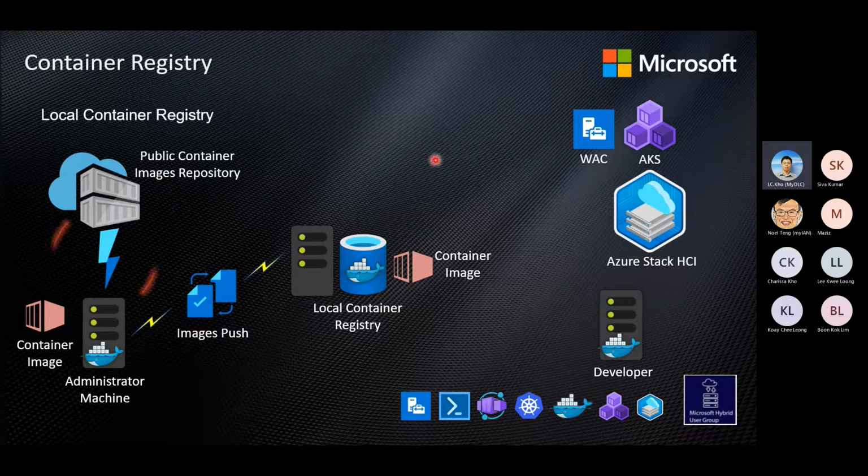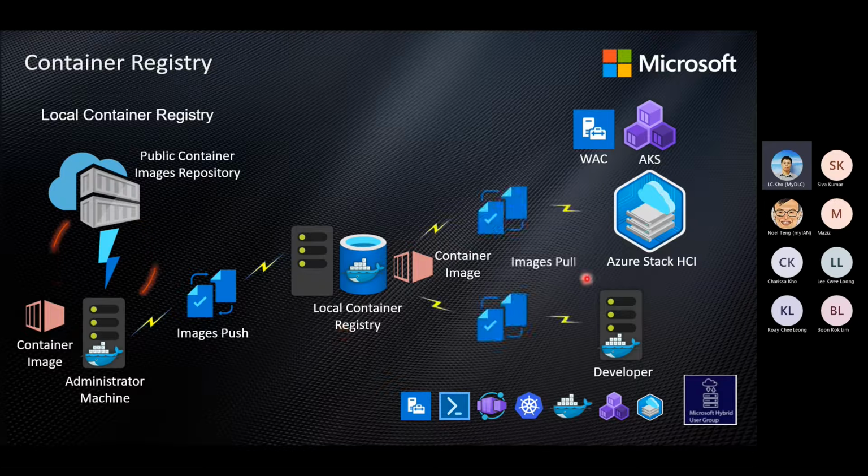So the only way they get the image is by contacting the local container registry. And where does all this container image come from? It has to come from a machine. In this scenario, it is my administrator machine, which downloads the images first, tags them properly, and pushes them over to be stored in the local container registry.